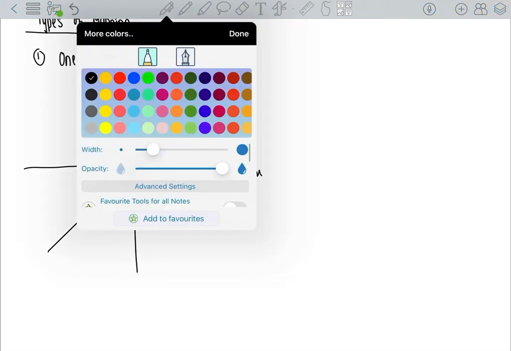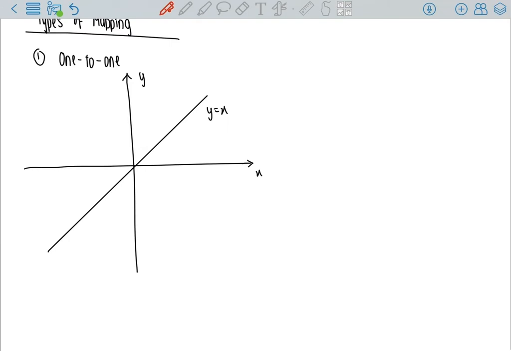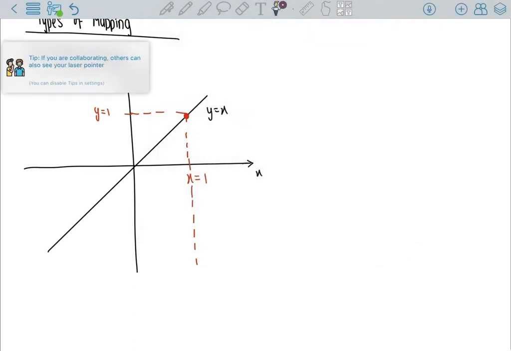So why is it a one-to-one mapping? It is because of one input. For example, x equals 1 is our input here. And if we draw a vertical straight line, it touches one point of the graph. From this point of the graph, we read the y value and we see y equals 1. That is because this graph is y equals x, so the x value will be equal to the y value.